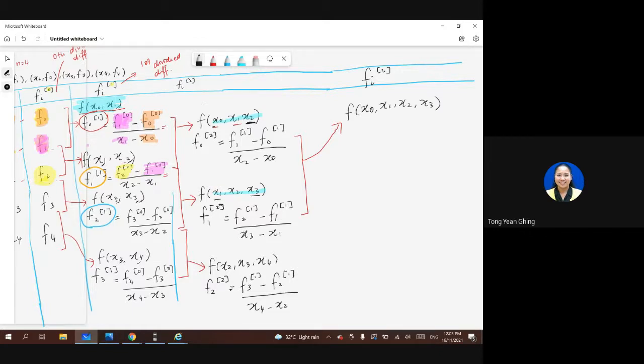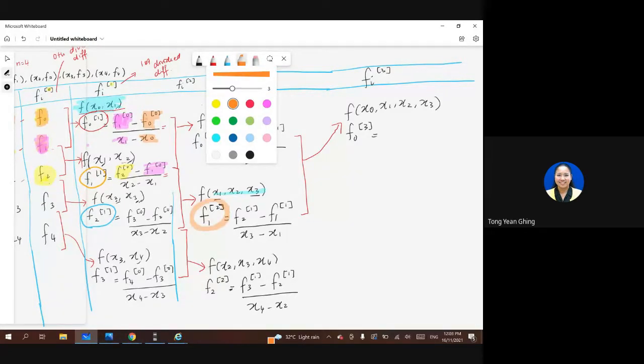Okay, so f0 third degree is equal to, kita akan ambil this value. Okay, masuk ke sini. Ke sini this value.